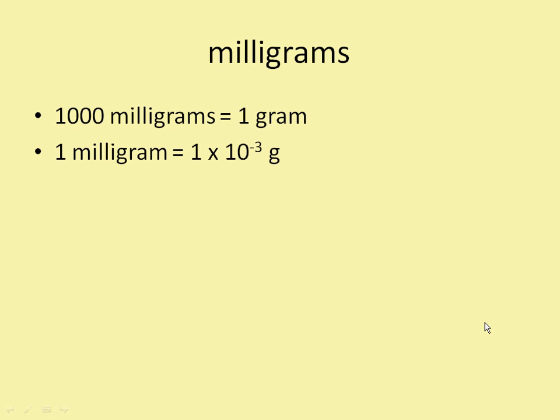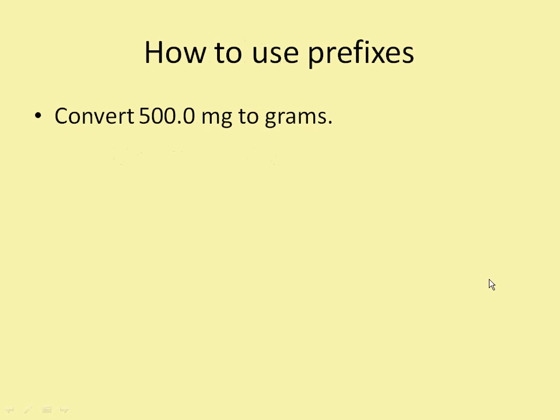Let's work some conversions. How to use prefixes. So we're going to convert 500 milligrams to grams. So what I like to do is think that we can say there's 1,000 milligrams in 1 gram. So think of an equivalent statement.